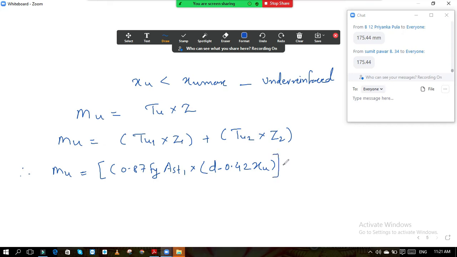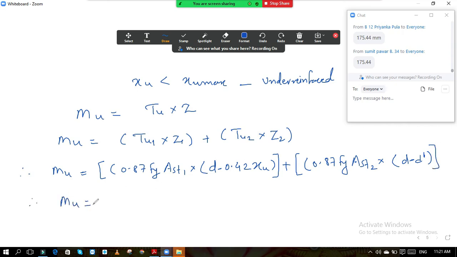So this is TU1 into Z1 plus TU2 into Z2, which is 0.87 FY AST2 into D minus D dash. Just put the values, you will get the answer.